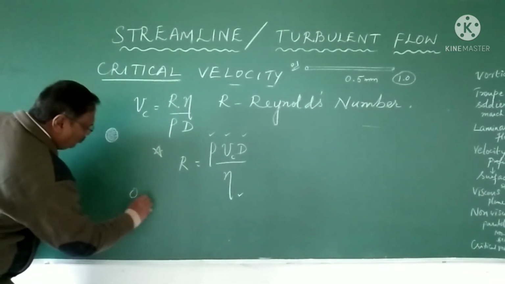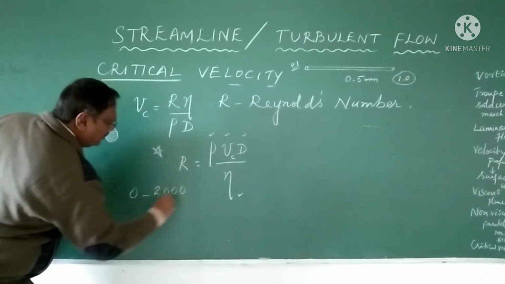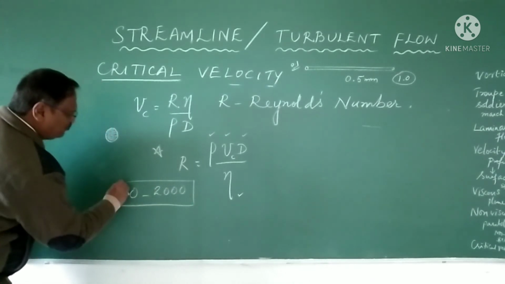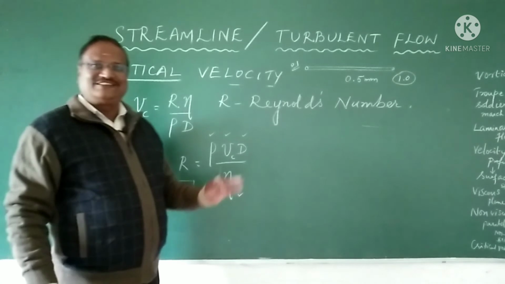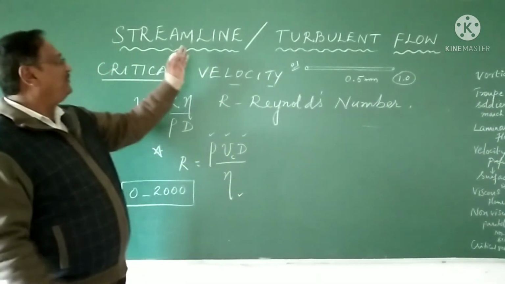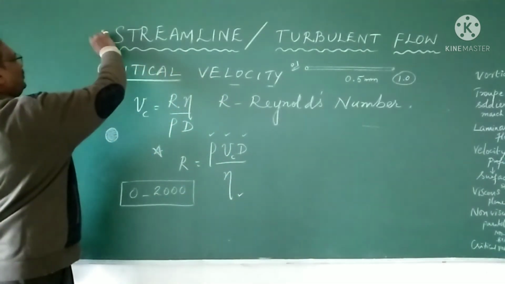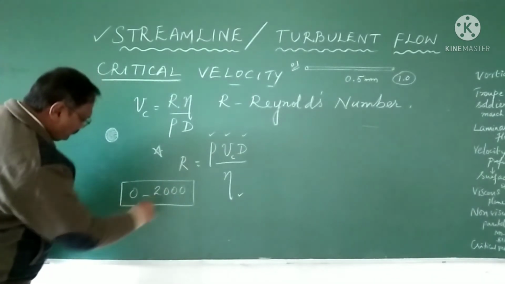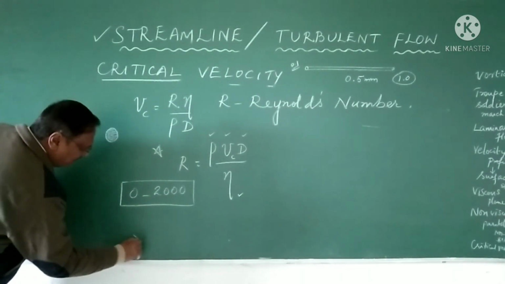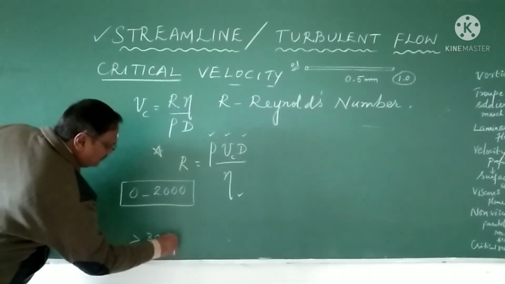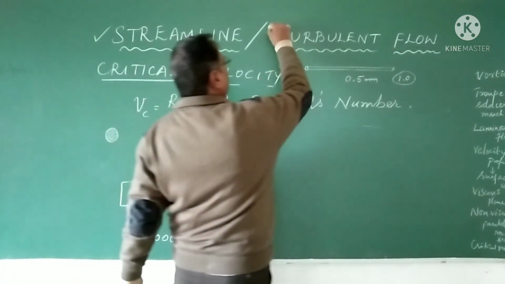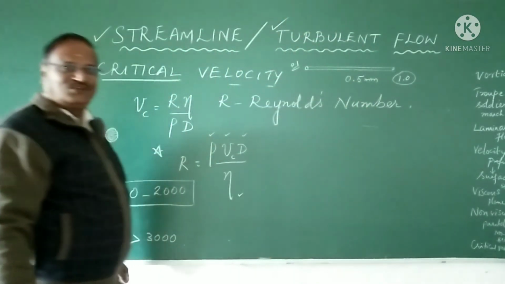Now, if the Reynolds number value is 0 to 2000, then the flow will be streamline or steady flow. If the Reynolds number is greater than 3000, then the flow will be turbulent flow.